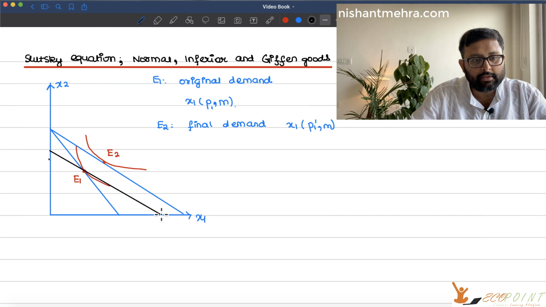Maybe like this, right? As you could see, this is passing through the original bundle and parallel to the new budget line. I'm drawing the new indifference curve. This is, let's say, E3.